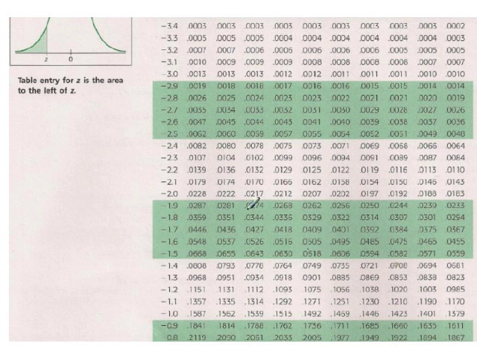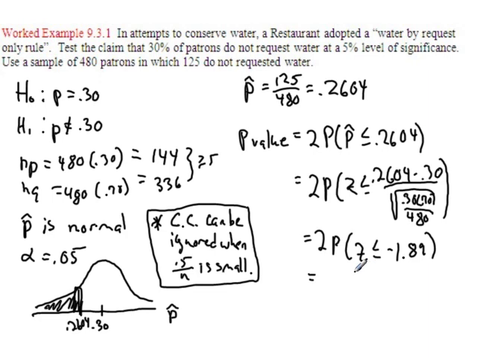So negative 1.89 gives us 0.0294. And when we multiply that by 2, I come up with 0.0588.